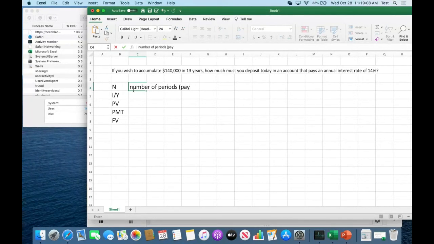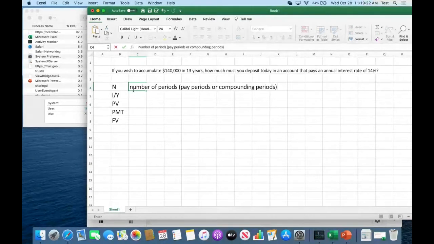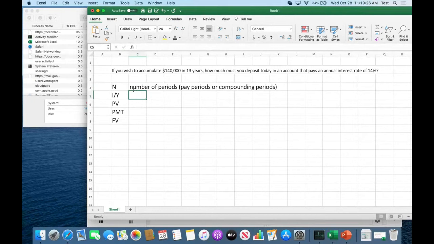But for the purposes of this class, it will most often be pay periods or compounding periods. Pay periods if we're making a payment on a loan, compounding periods if it's an investment that we hope to grow. So hopefully that's enough summary information that you can at least understand what that variable stands for.